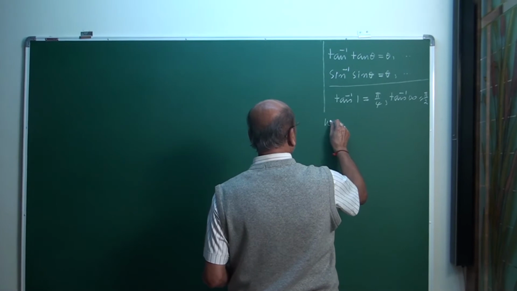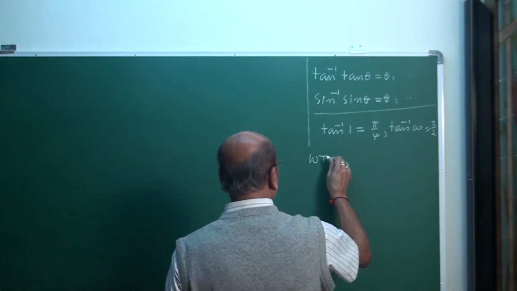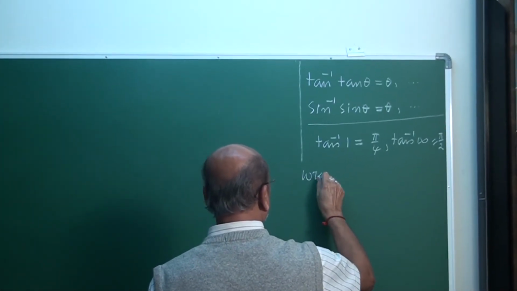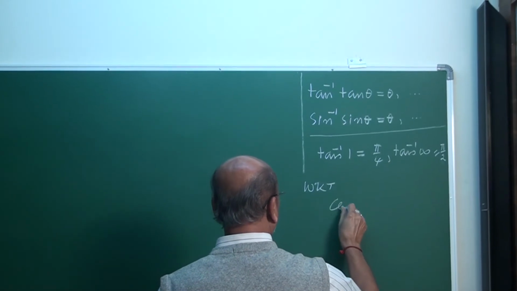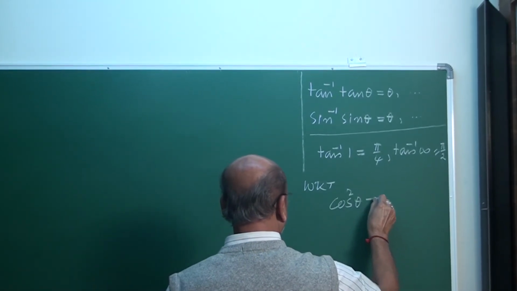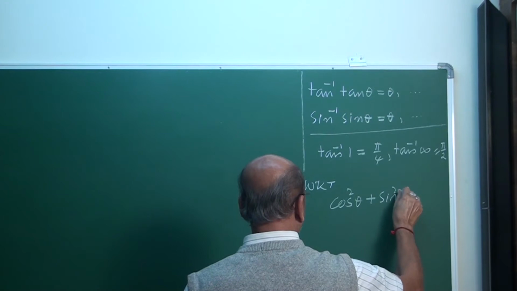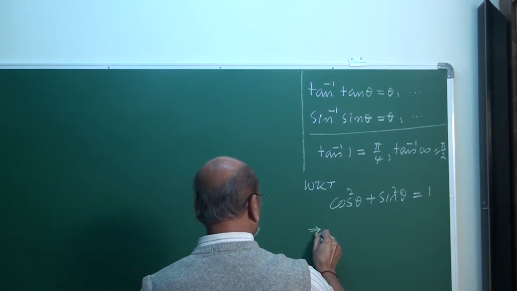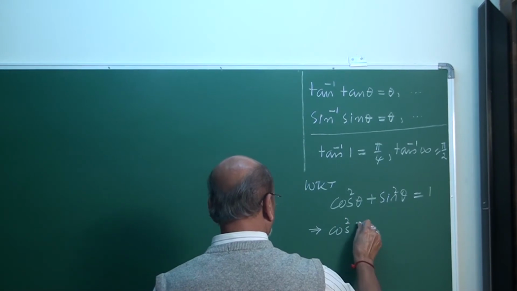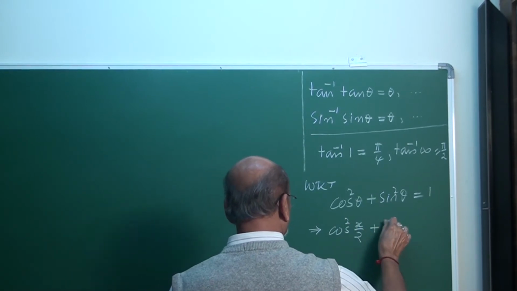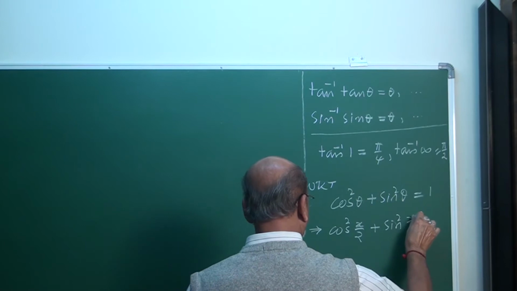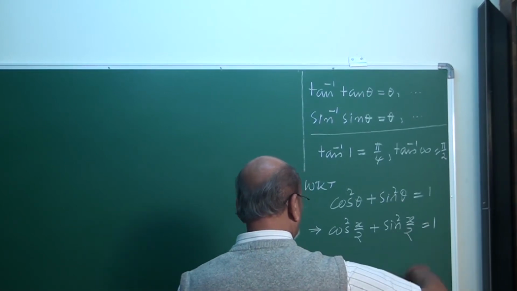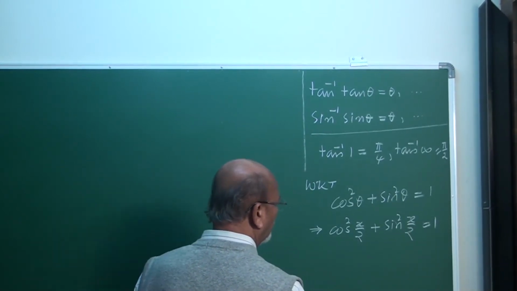We know that cos square theta plus sin square theta is an identity. The same, instead of theta, I want to take x by 2: cos square x by 2 plus sin square x by 2 is also 1.